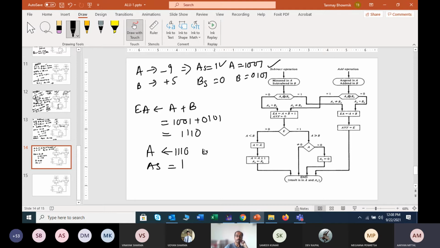E will be 0. So now your result is AS equals 1 and A equals 1110. This will be your result.